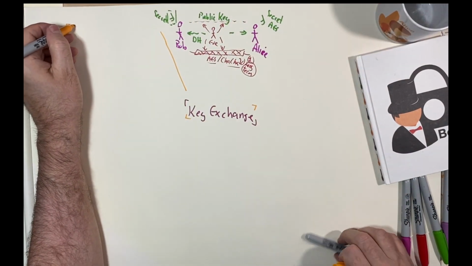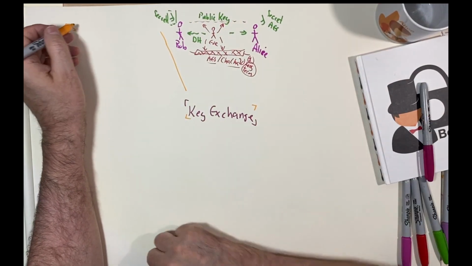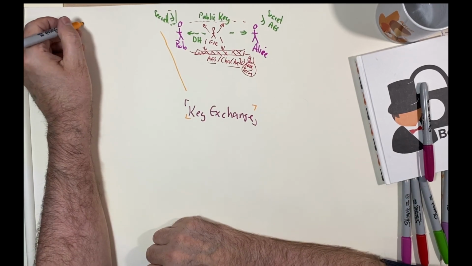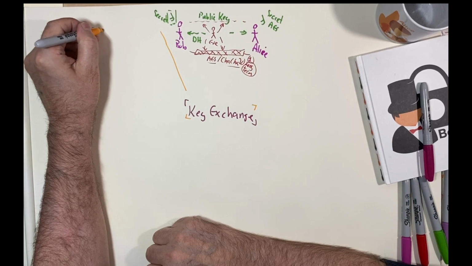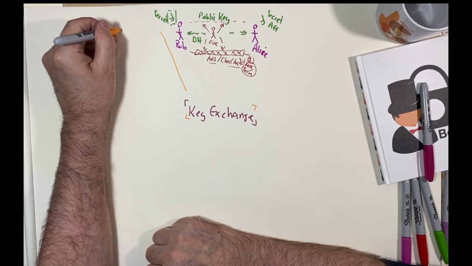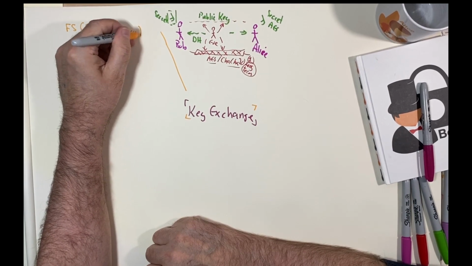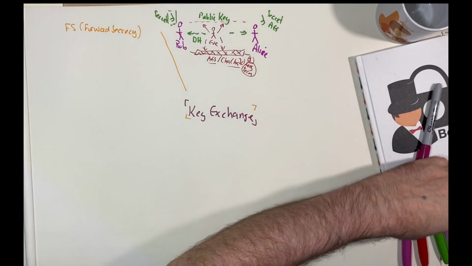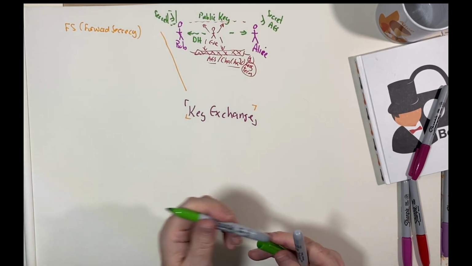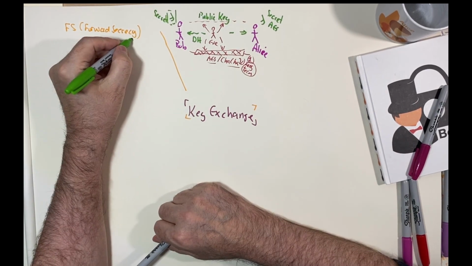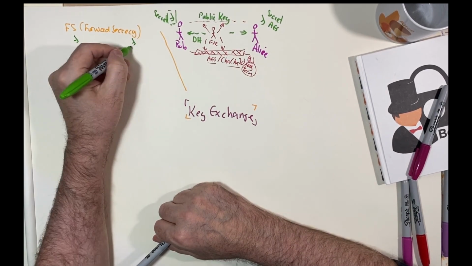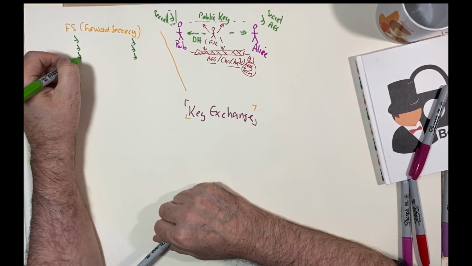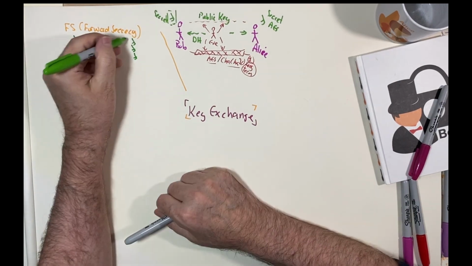The first one is what's called forward secrecy. And what forward secrecy involves is that for every key that's generated, those keys will be protected in some way as they are communicated.